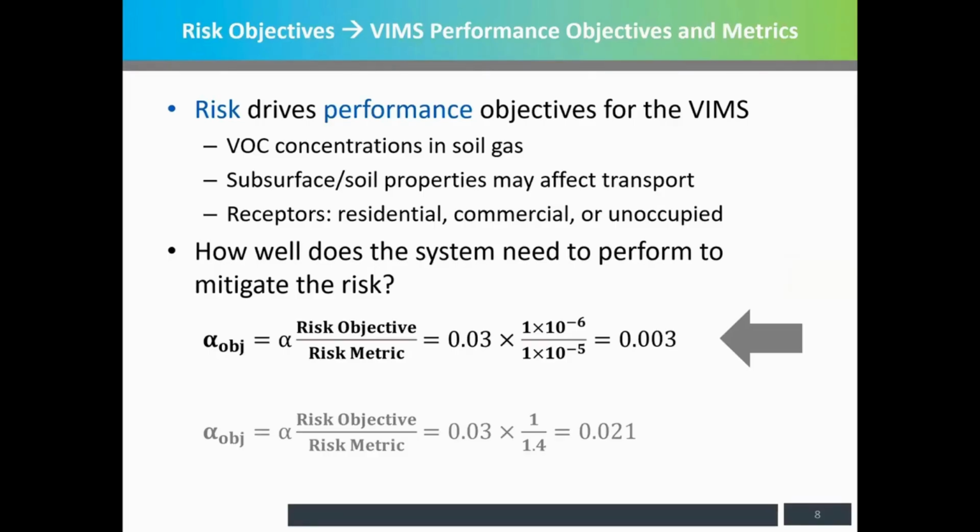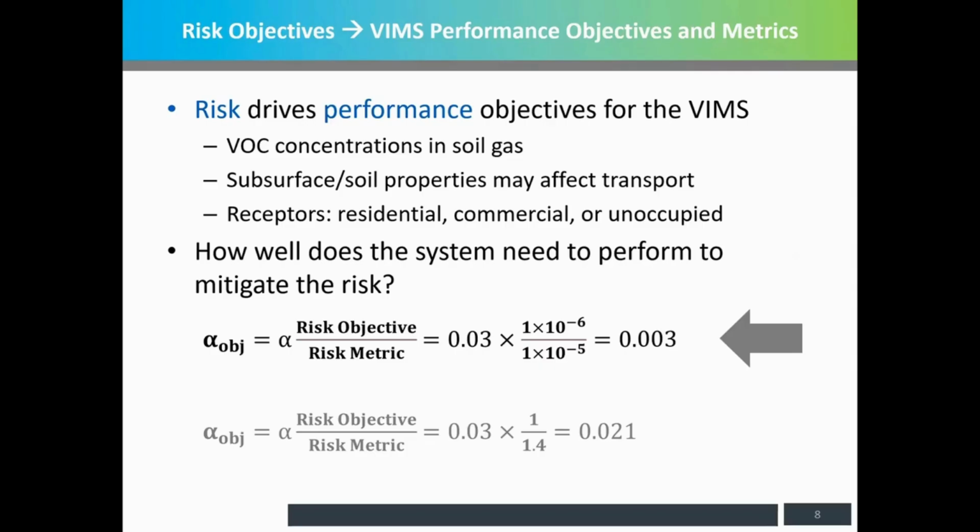And one of the things that we wanted to get across in our presentation is that risk drives performance. So in the previous graphic, you could see you have whatever concentration you have of your COCs in soil gas, and your performance objectives for the vapor intrusion mitigation system are set by what you need to get to for your concentrations in indoor air.